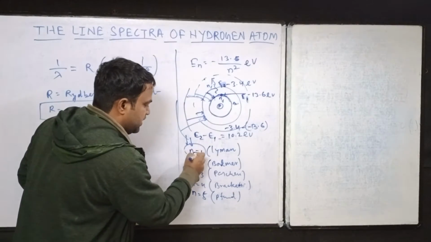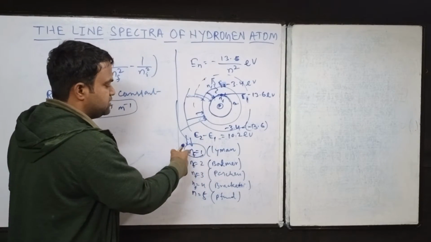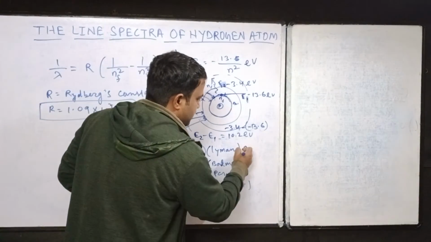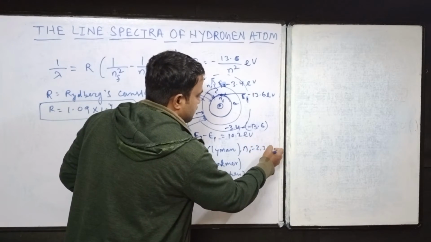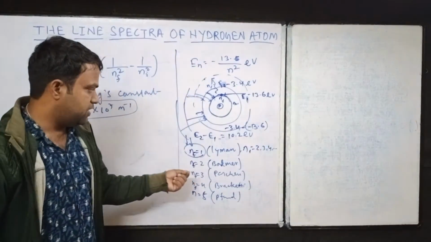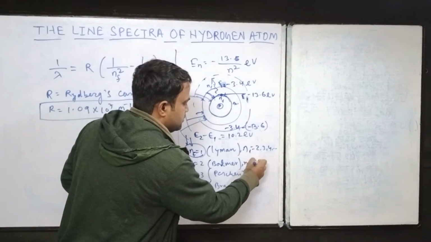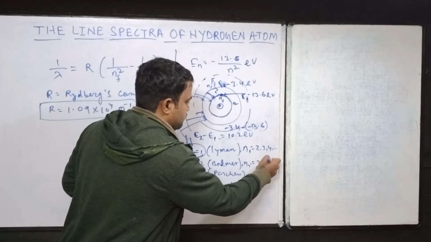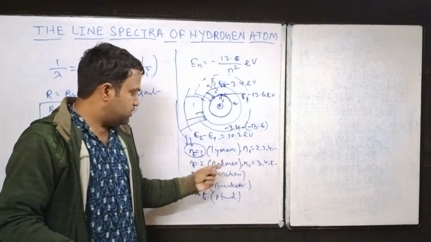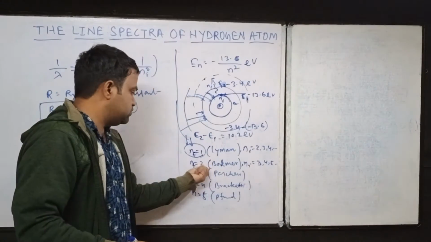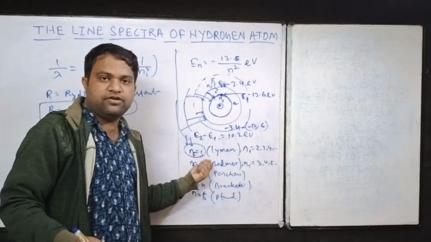Initial can be anything: for nf 1, ni can be 2, 3, 4 like that. For nf 2, ni can be 3, 4, 5 like that, greater than 2 basically. So it can jump from the third or fourth orbit to the second orbit, fifth orbit to second orbit, like that.